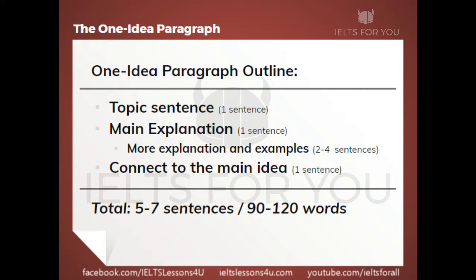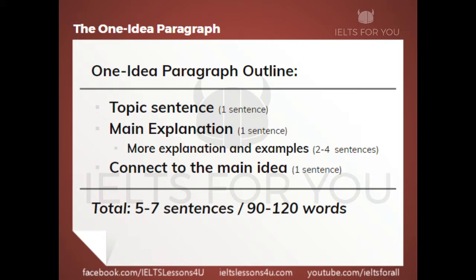This is the outline that you should use. The one idea paragraph begins with a topic sentence, followed by a main explanation, one sentence each for those, and then 2 to 4 sentences giving more explanation and examples of that main explanation. Okay?